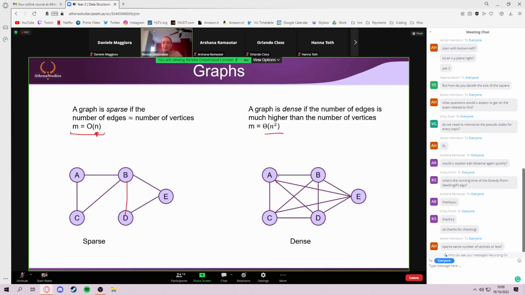And for dense, you really do have a much higher number of edges, especially if you have large graphs. If you really have a lot of edges between all the vertices, it's going to be a lot more dense, I guess. So it's not really a strict definition, just more of a roughly the same.